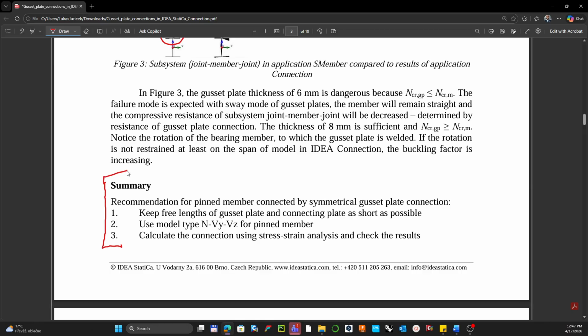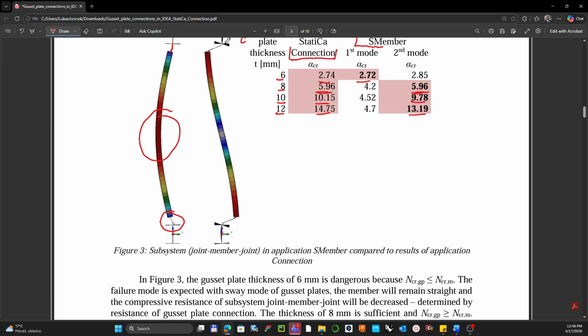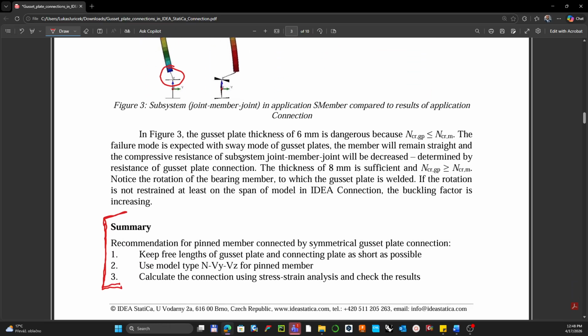This is the summary that you should always take into account in your model to have a reasonable and recommended output, aligned with the verification based on the submodel coming from IDEA StatiCa Member, which is more precise because it also considers the other end of the member and the stiffness of the connection on the other side of the column, bracing, or truss.